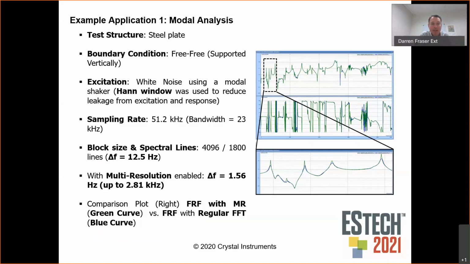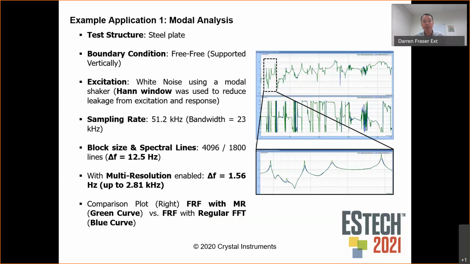Because the steel plate was a lightly damped structure, we decided to sample out to 51.2 kilohertz with a bandwidth of 23 kilohertz. We chose a block size and spectral line resolution of 4096 and 1800, and this produced an initial or original FFT with a delta F of 12.5 hertz.